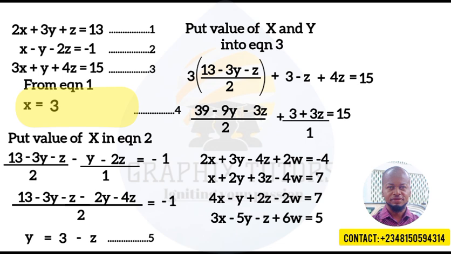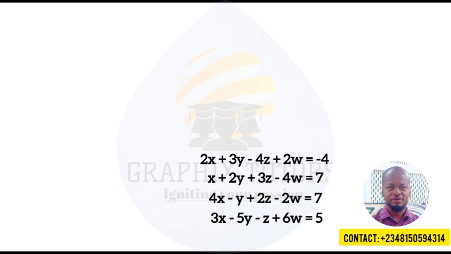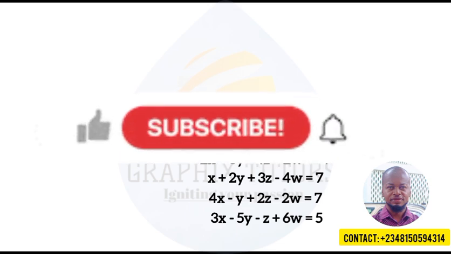So when you substitute into equation 3, you now make z the subject of the formula. So now you have values for x, y, and z. So you now place your values of x, y, and z that you've gotten from equations 1, 2, and 3 into equation 4, where you now get your value for what? For w. When you've gotten your answer for w, you now start putting it back into the equations that you've been getting. Is that okay now? So this is how you have them. You have 4 answers. So that's how we go about it.